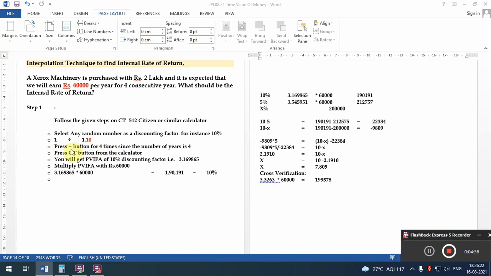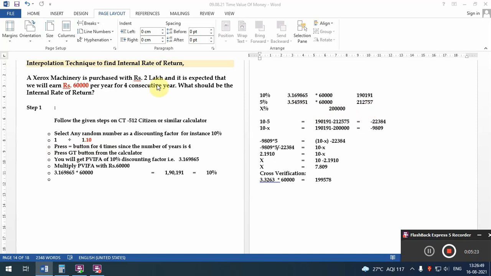Once again I press the equal to button 4 times, and I get 3.545951 as the PVIFA. Then I multiply it by 60,000. I am getting another figure, that is 2,12,757. Now this is also not equal to 2 lakh.